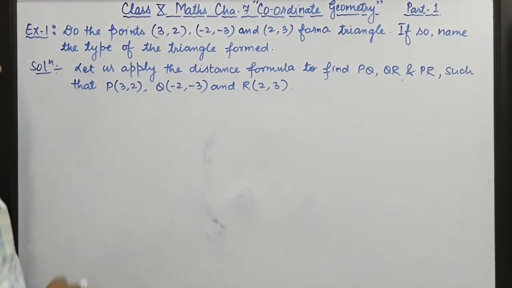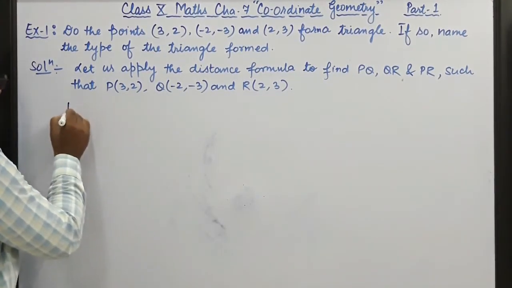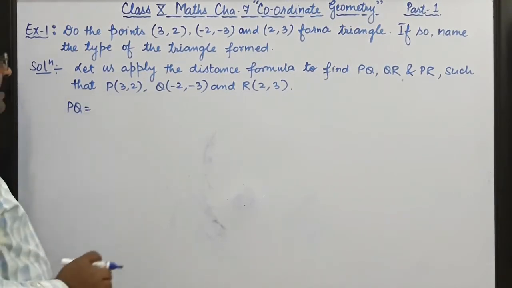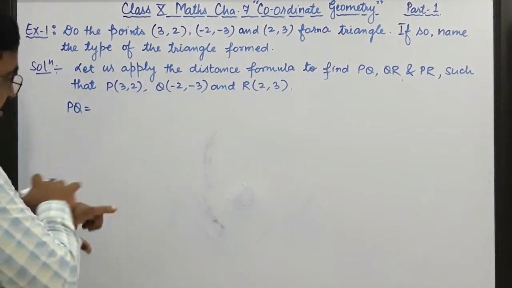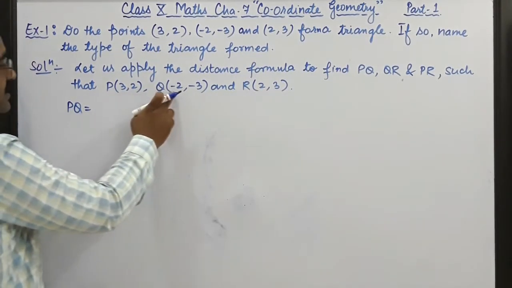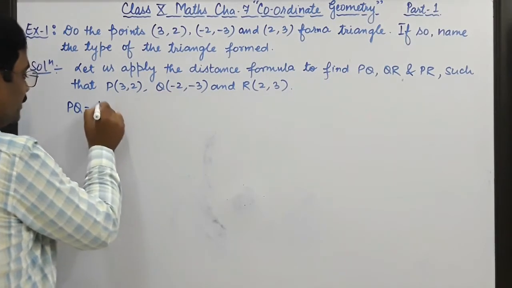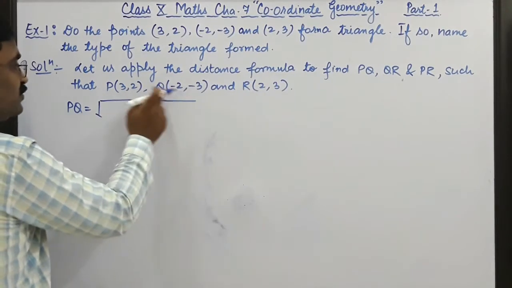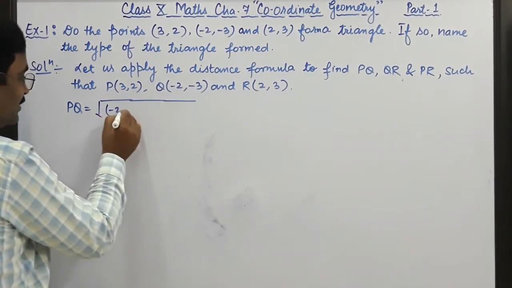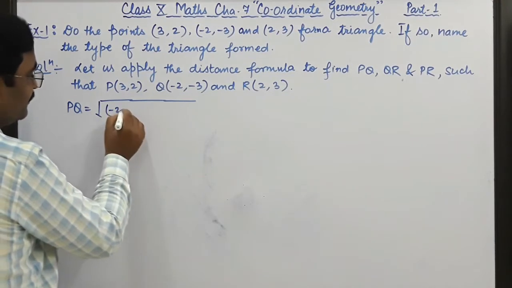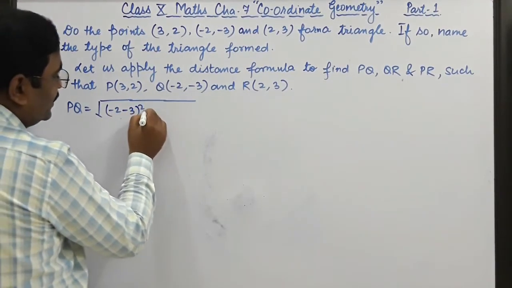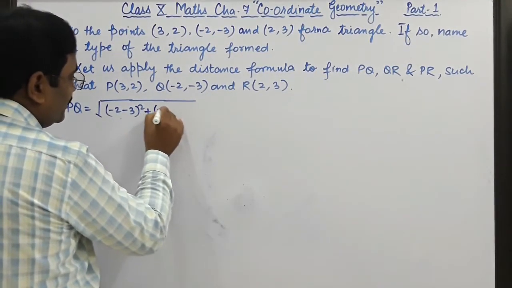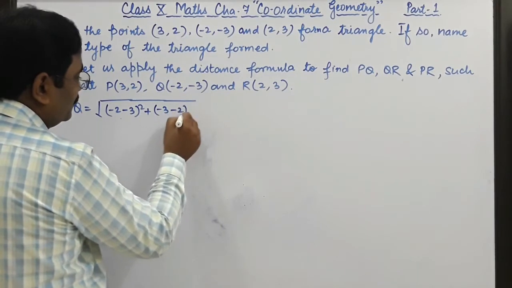Okay, so to find the measure of PQ, we have the formula under root x1 minus x2 whole square. So here this is x1, this is x2. So under root x1 minus x2 whole square, or x2 minus x1 whole square, (-2 - 3) whole square, plus y2 minus y1 whole square, (-3 - 2) whole square.